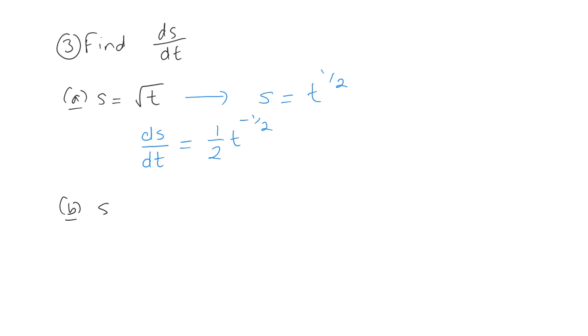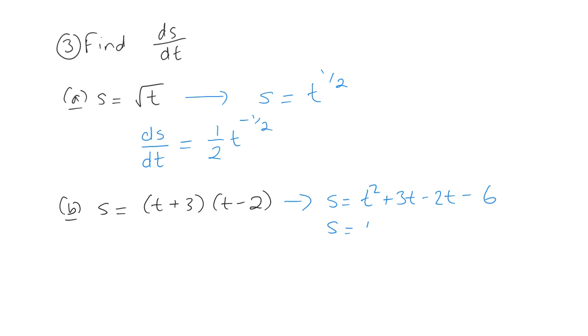And for b, s equals t plus 3 upon t minus 2. So if you get brackets, you have to multiply them out. So that would be t squared plus 3t minus 2t minus 6. So s is t squared plus t minus 6.